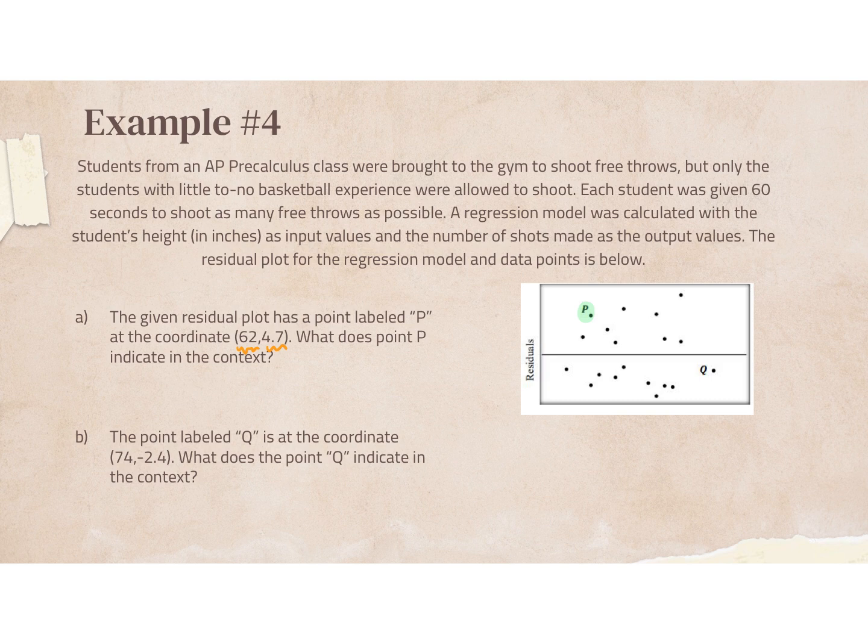So P is analyzing the data for a student who is 62 inches tall. The fact that our residual value is positive and the fact that P is above 0 tells us that we underestimated. So we can say that for a student who is 62 inches tall, the model underestimated the number of shots by 4.7.